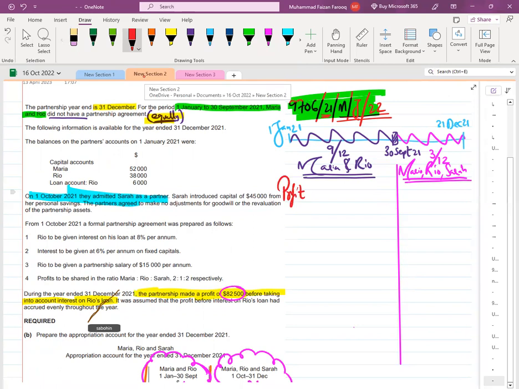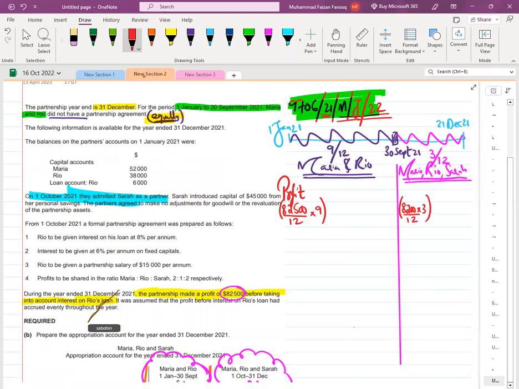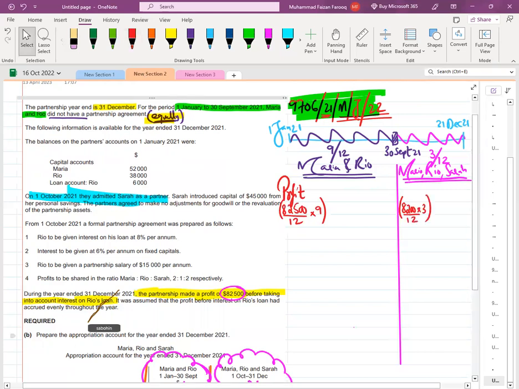How to apportion it? We have profit of 82,500 for the year. The first portion is for 9 months, and the second portion is for 3 months. We apportion the profit as per the months, which is normal, because 9 months here and 3 months here.